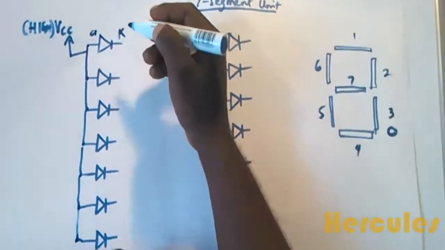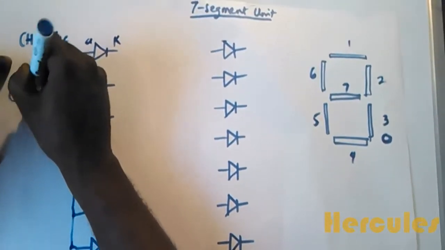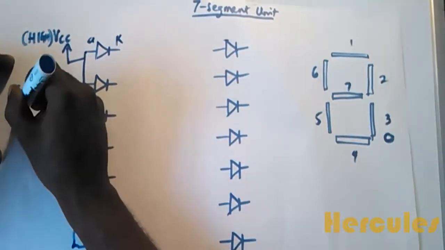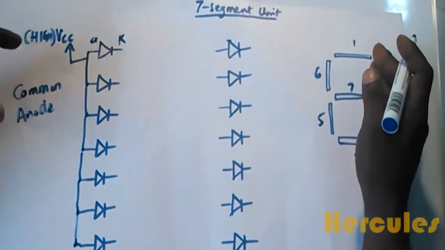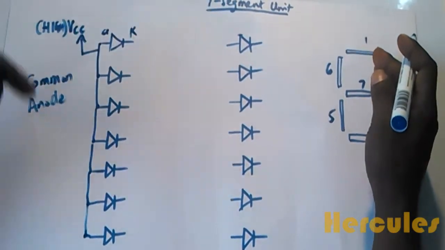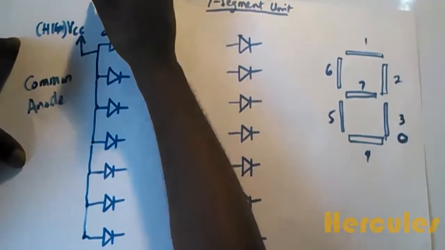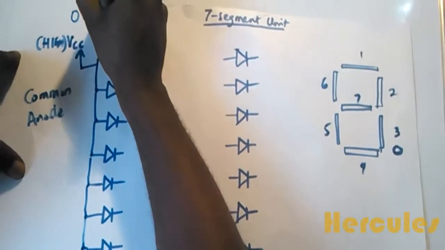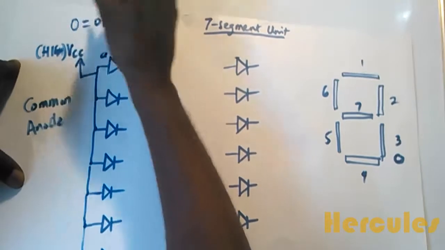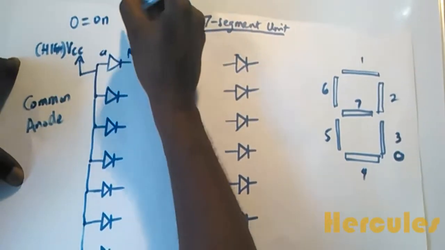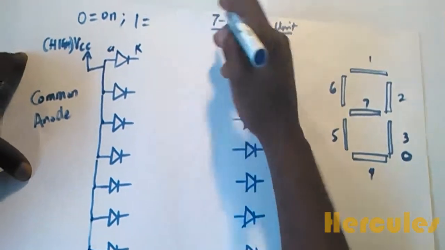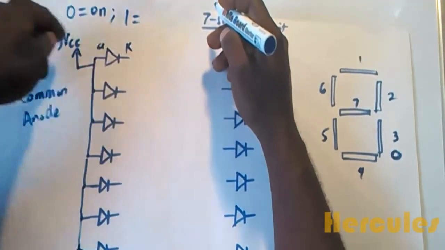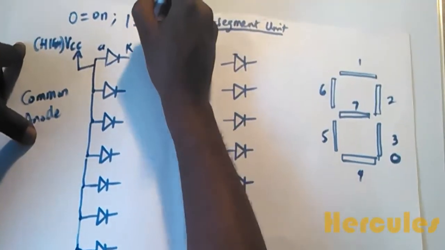This is for common anodes. So common anode requires a 0 to turn on. A 0 or low volt is on, and if you apply a 1 on the cathode, it will not come on, it is off.